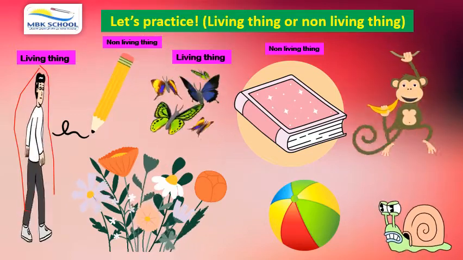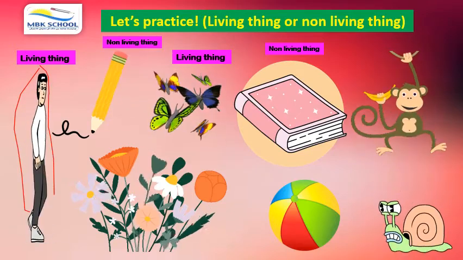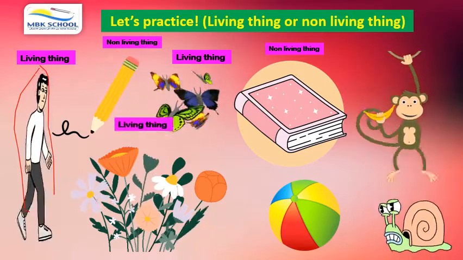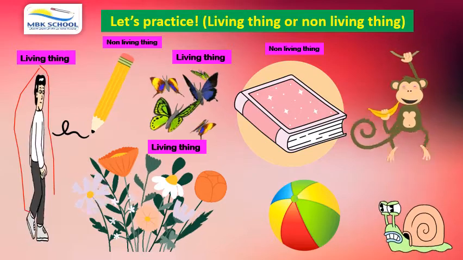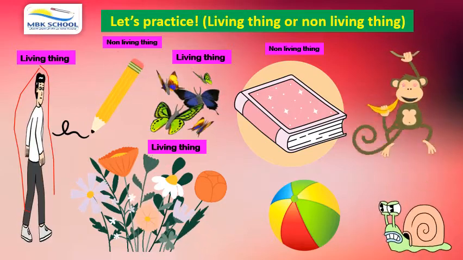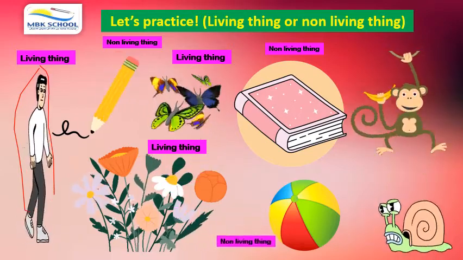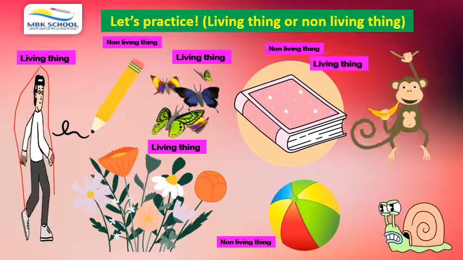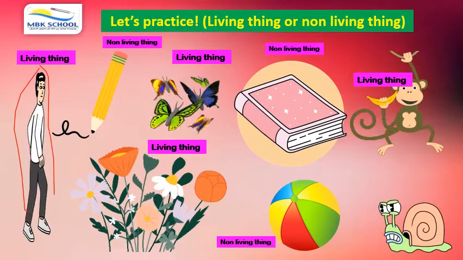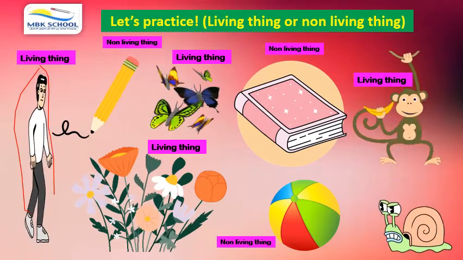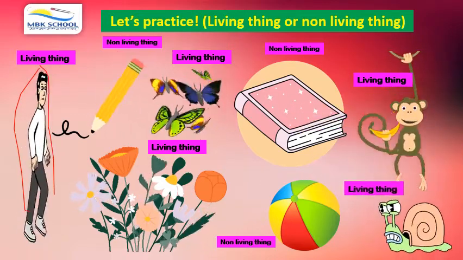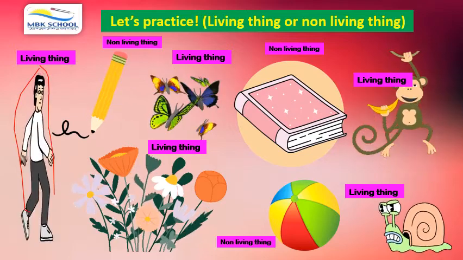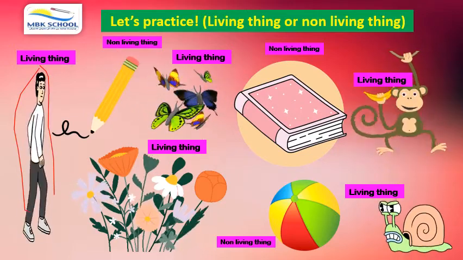The butterflies are living things. Plants are also living things. The ball is a non-living thing. The monkey is a living thing. And a snail is a living thing. You understand, my dear students?